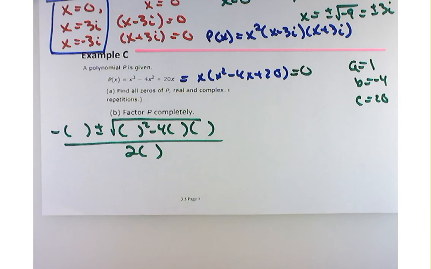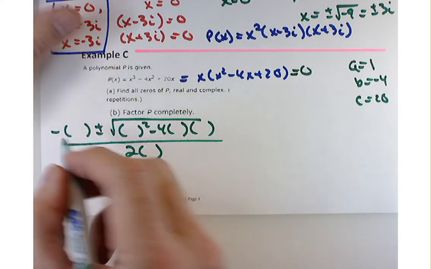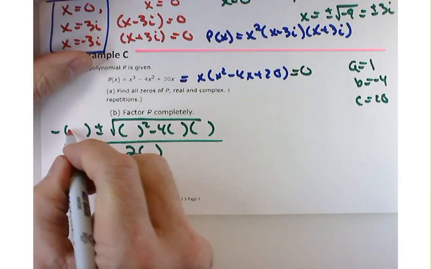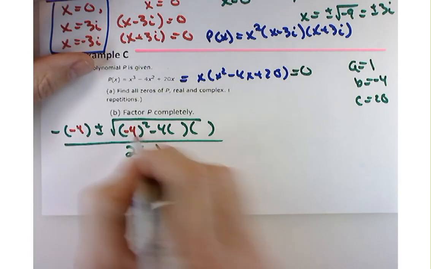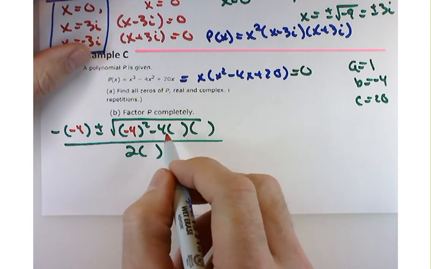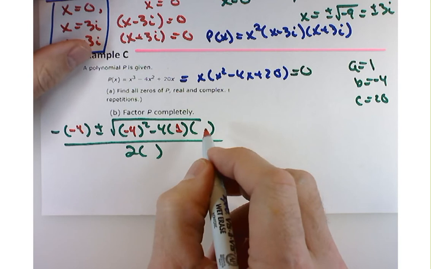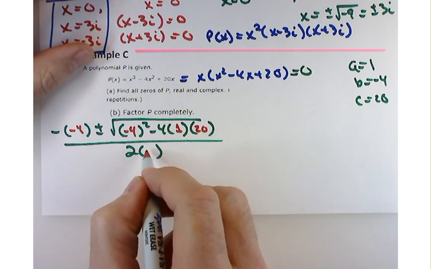So let's fill all that stuff in. I hope that you remember the quadratic formula. Let's see here. That's going to be negative of negative 4 plus or minus the square root of negative 4 squared minus 4 times a, which is 1, times c, which is 20, all over 2 times 1.